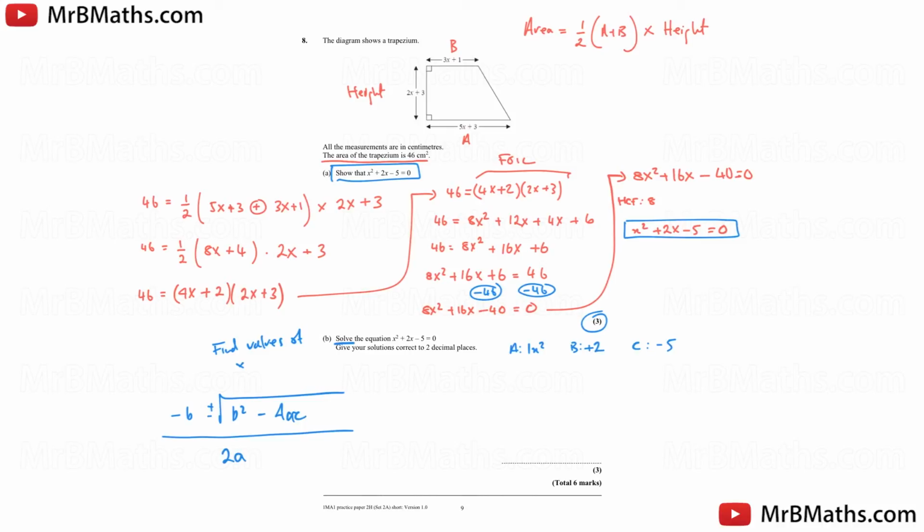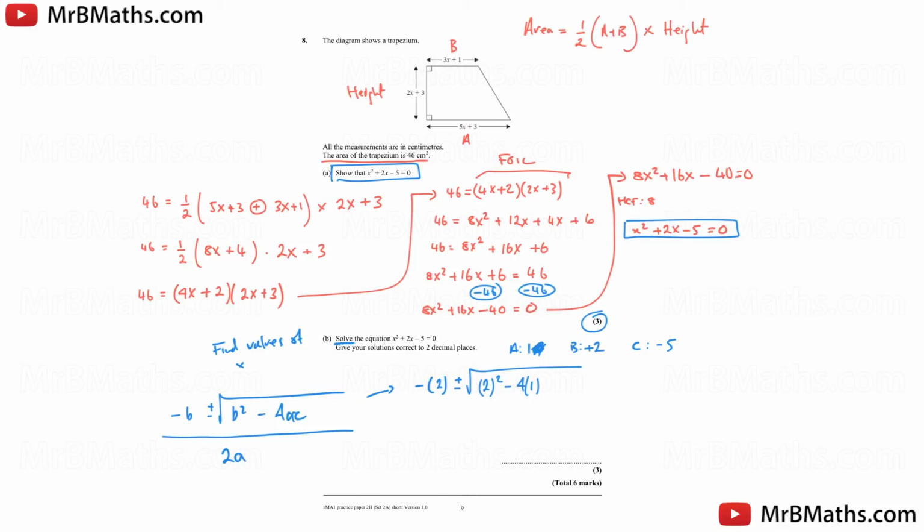So I'll write minus 2 plus or minus the root of 2 squared minus 4 times 1. And this actually should be just 1.